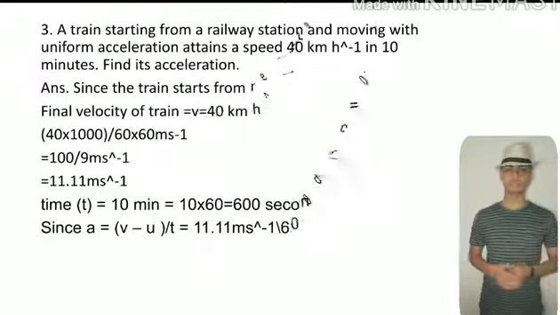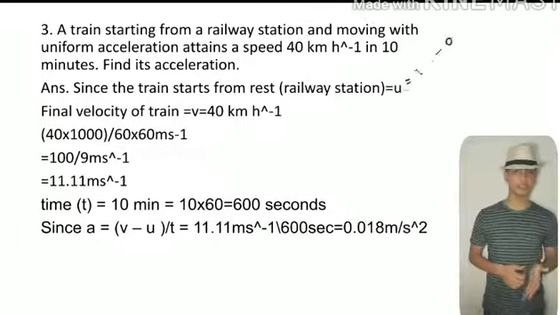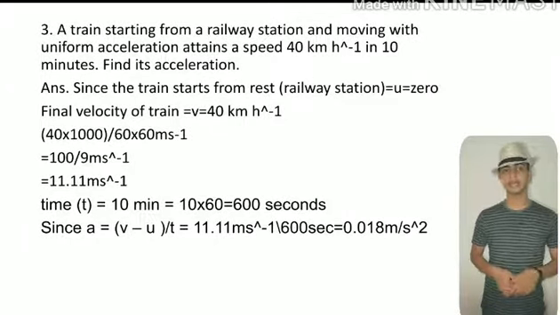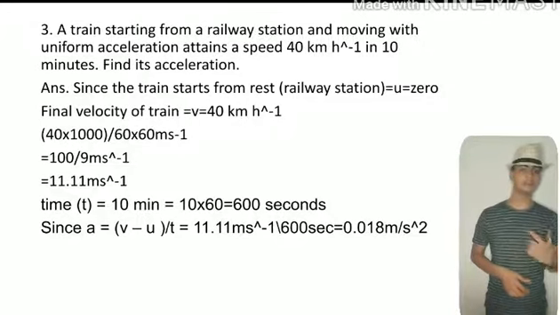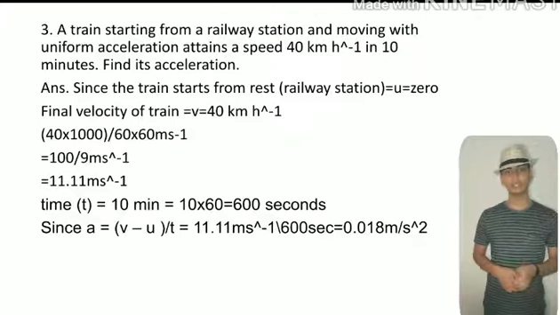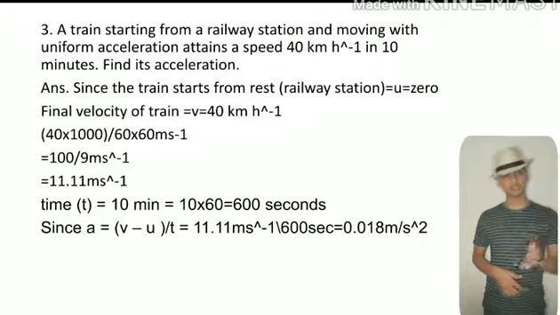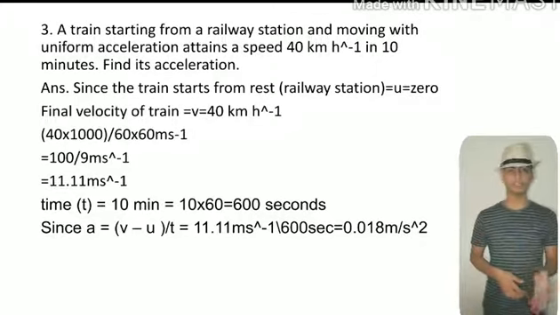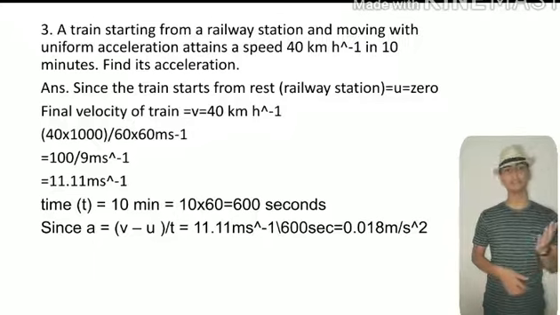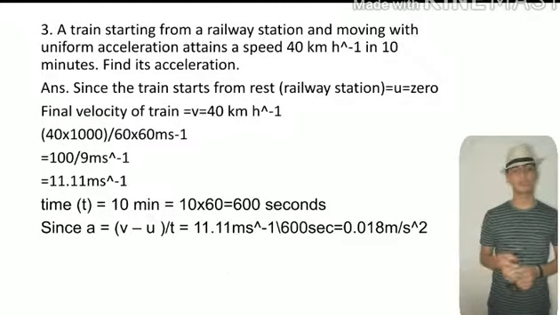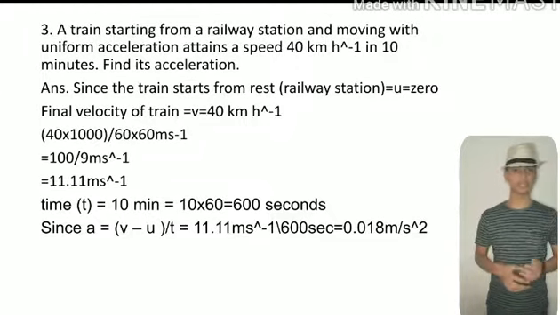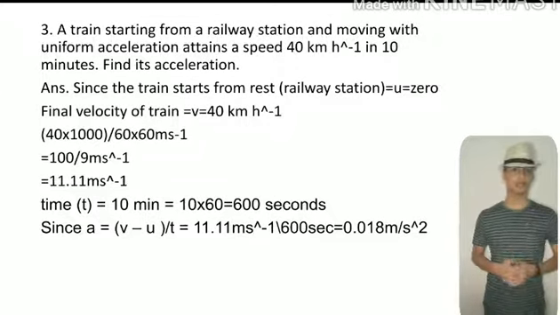Since the train starts from rest, U will be 0, and the final velocity of the train will be 40 km per hour, that will be our V. So V will be taken as 40 into 1000 divided by 60 into 60 meter per second, that is 400/9 meter per second, equivalent to 11.11 meter per second. The time taken is 10 minutes, so converting it into seconds, that is 10 into 60, making it 600 seconds.